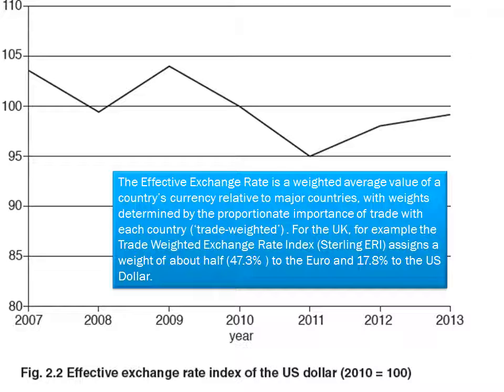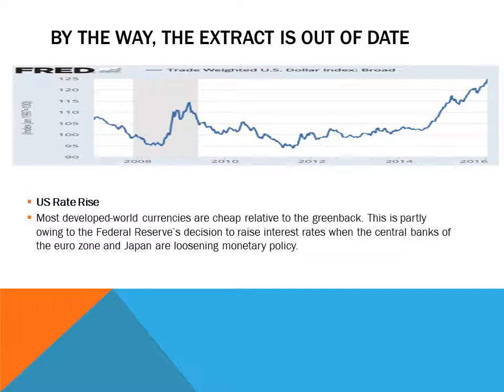And these are the figures that we're given in the stimulus for the American ERI, and you're supposed to say that it's gone down on average, and that it hasn't gone down an awful lot. The thing you must bear in mind, if you look at the data that you were presented in the stimulus, is that the most recent figures show it in fact going up really quite considerably.